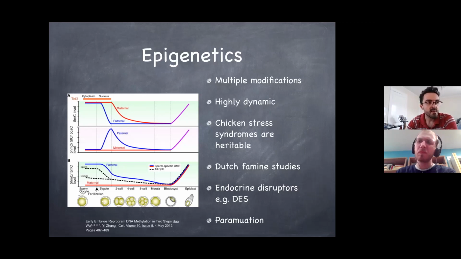One of the first findings was that you lived longer if your grandfather starved around the time he hit puberty, but you had a shortened lifespan if your grandmother starved while she was in utero, so when her eggs were being developed.